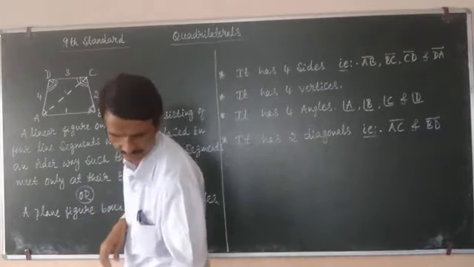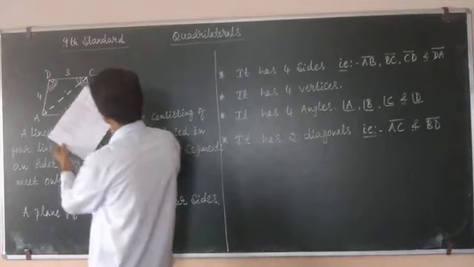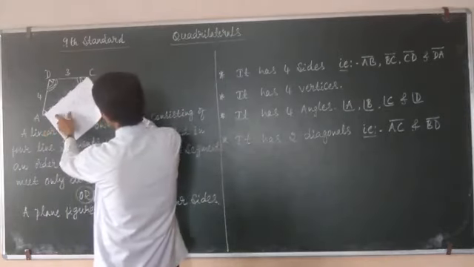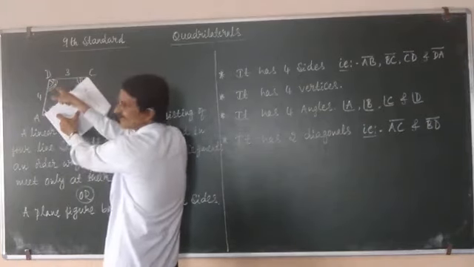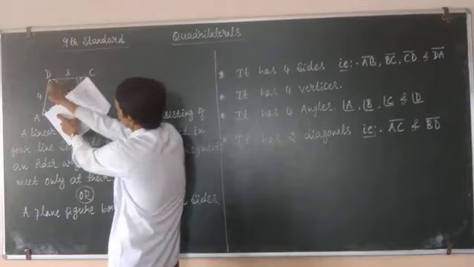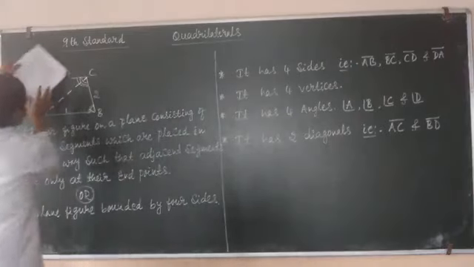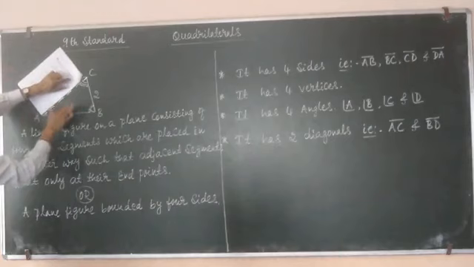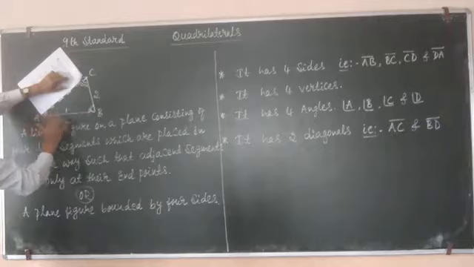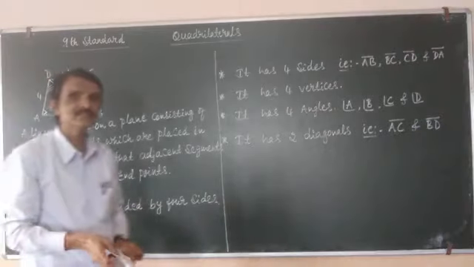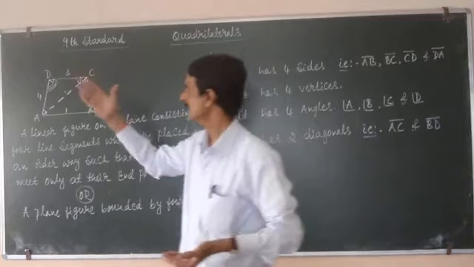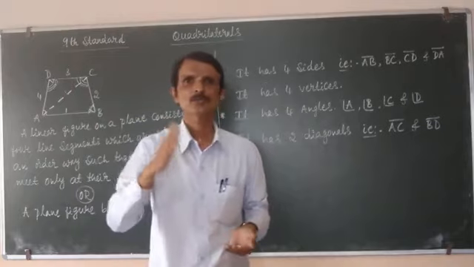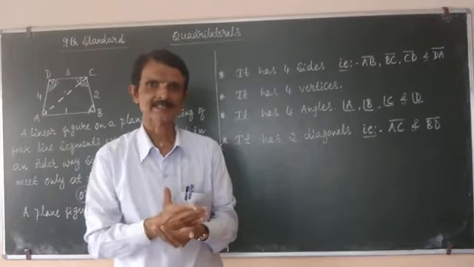So this is one plane figure, what do you call this plane figure? It is called a triangle. Similarly, this plane figure is also called a triangle, triangle ABC. So that means, students, a diagonal divides the quadrilateral into two triangles.